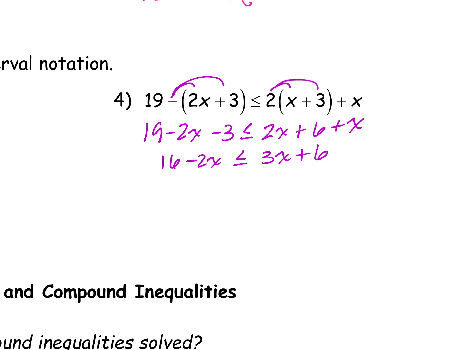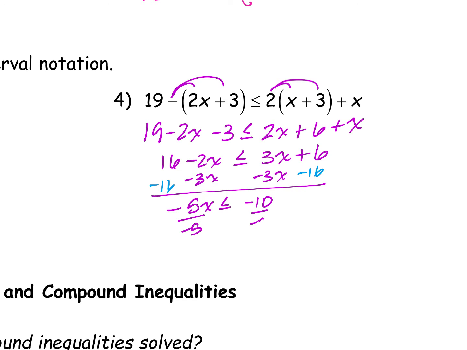So subtract 3x, subtract 16, and I get negative 5x is less than or equal to negative 10. Divide by negative 5. x is greater than or equal to 2. So 2 is my smallest number, and it's going to go to infinity.